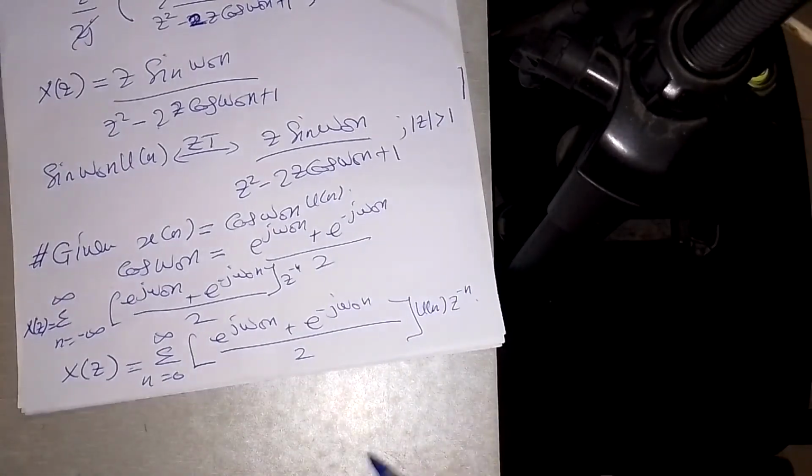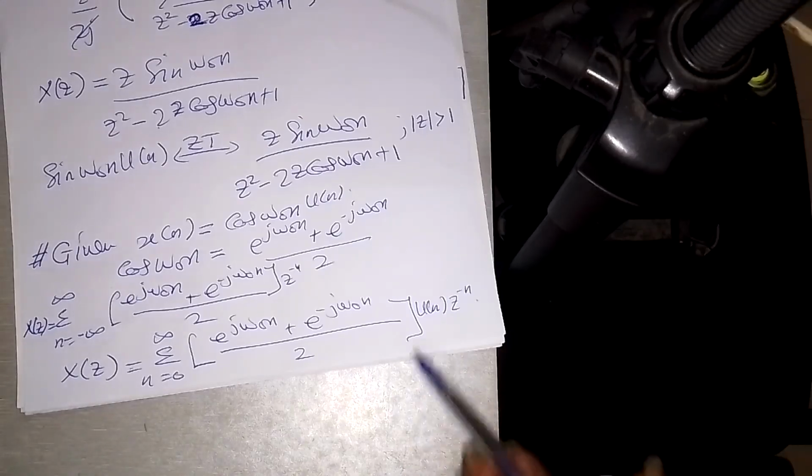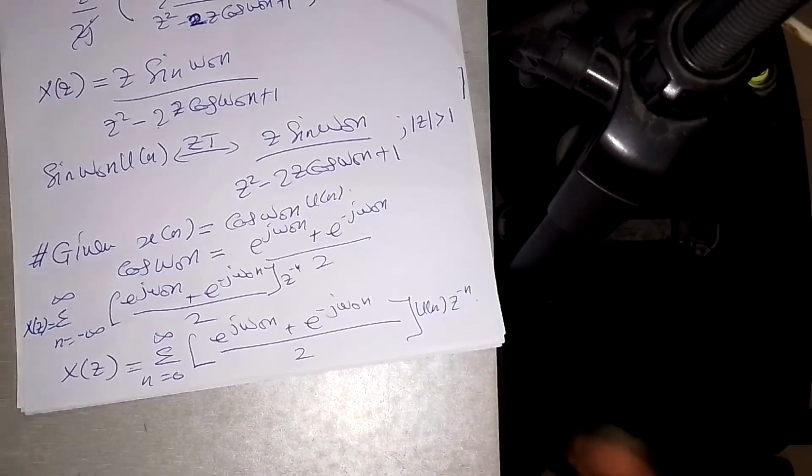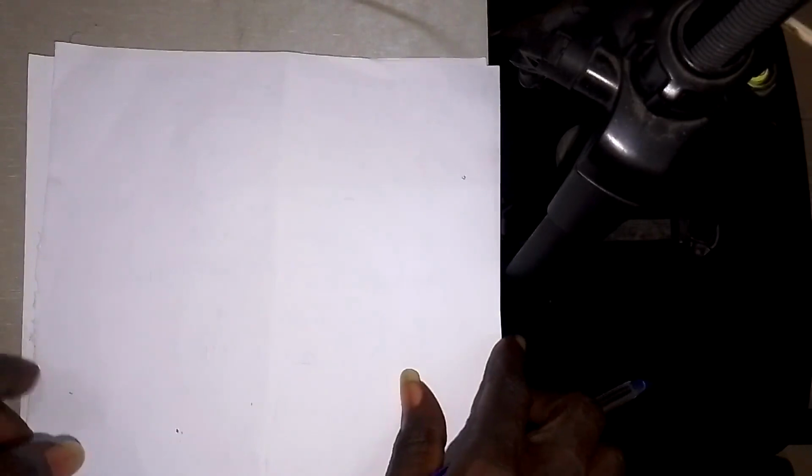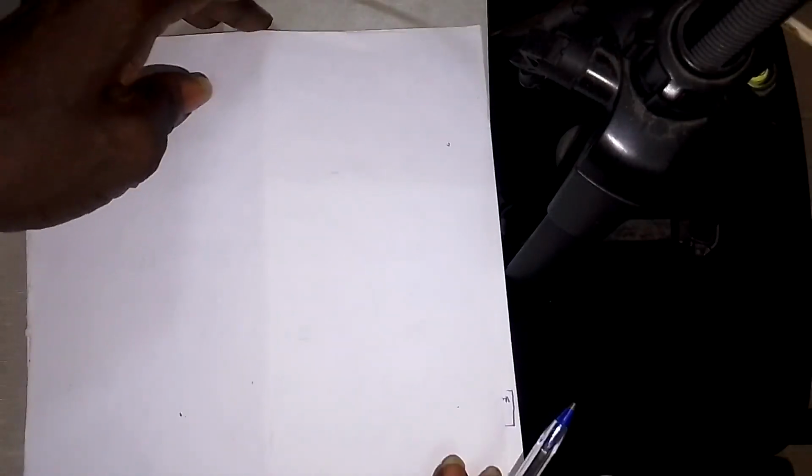But I know that u of n is 1. So if I put 1 into that particular space, this is going to go away.